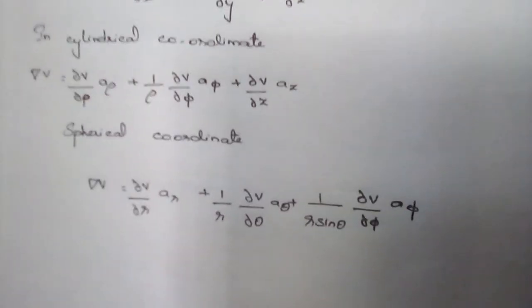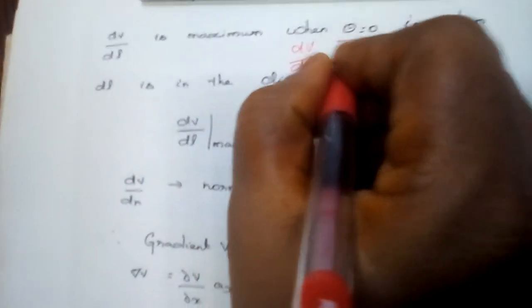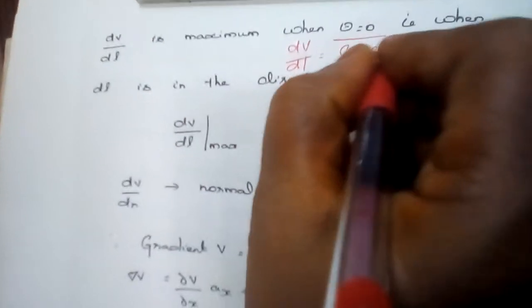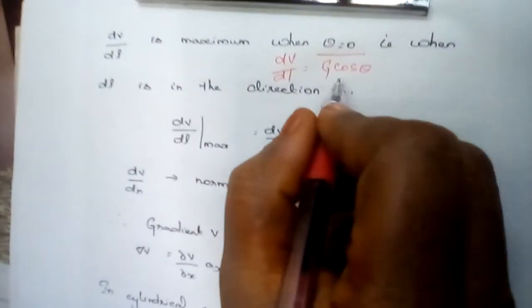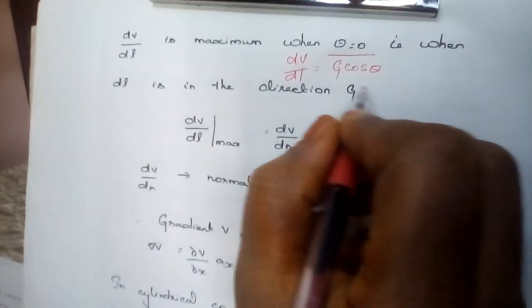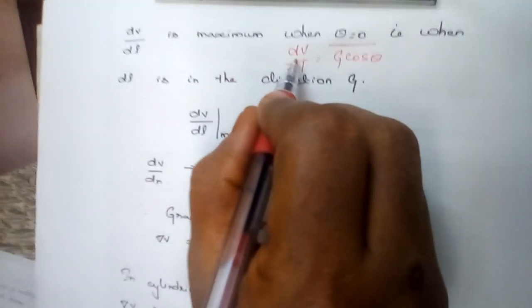Next, the gradient will be maximum when dV by dl is maximum. We know that dV by dl is equal to G cos theta. When theta is equal to 0, dV by dl will be maximum, because cos theta is unity.